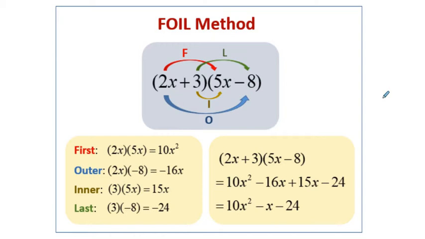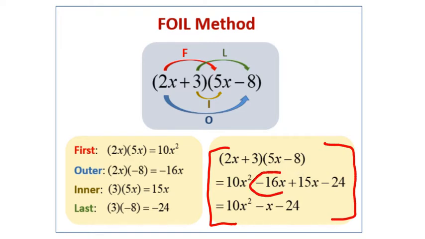So the way that you see this written over here, this is how we will do it when we multiply these out. And the one thing we always want to remember is we have like terms here in the middle that are combined together. Negative 16x plus 15x is negative 1x, so the last step that we always need to remember is combining our like terms.